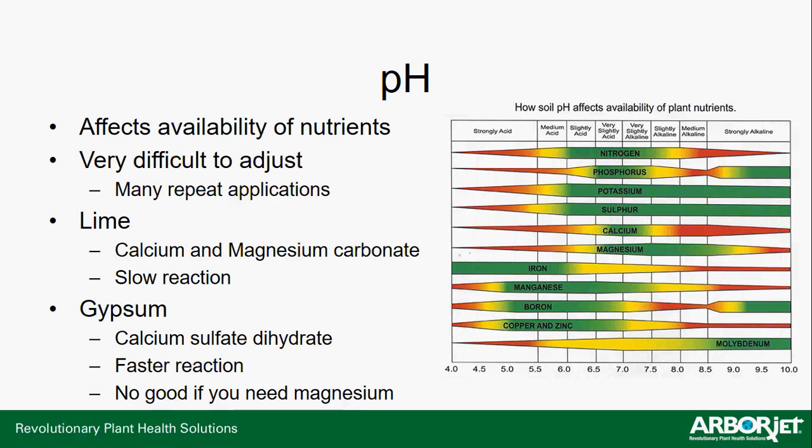Nutrient availability is greatly affected by the pH of your soil. It's another issue, soil pH and how it relates to plant availability. The table on the left shows on the bottom the range from a pH of 4 up to 10. Typically, you're not going to find a soil pH outside of that range, or really even getting to either end.